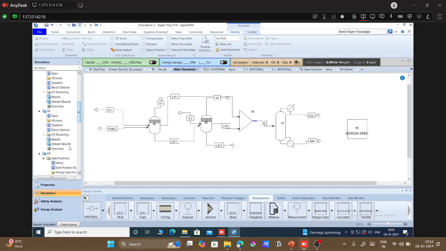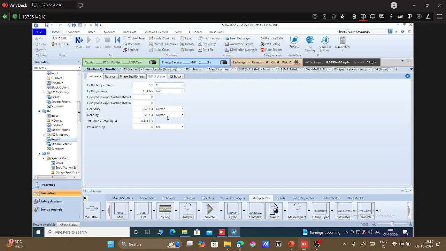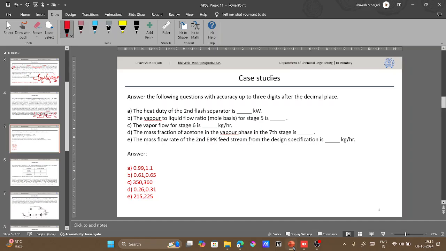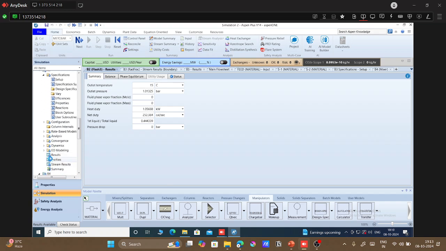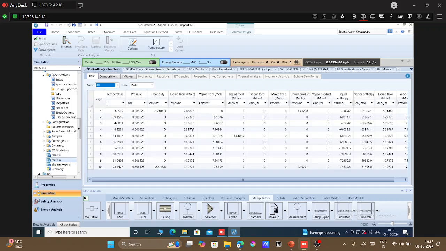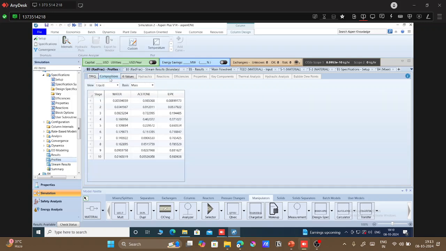So for block B2, our heat duty in kilowatt is 1.056. The vapor to liquid flow ratio for stage number 5 is asked. So for a distillation column, if you look at the profiles, in the profile itself, composition and the key values.